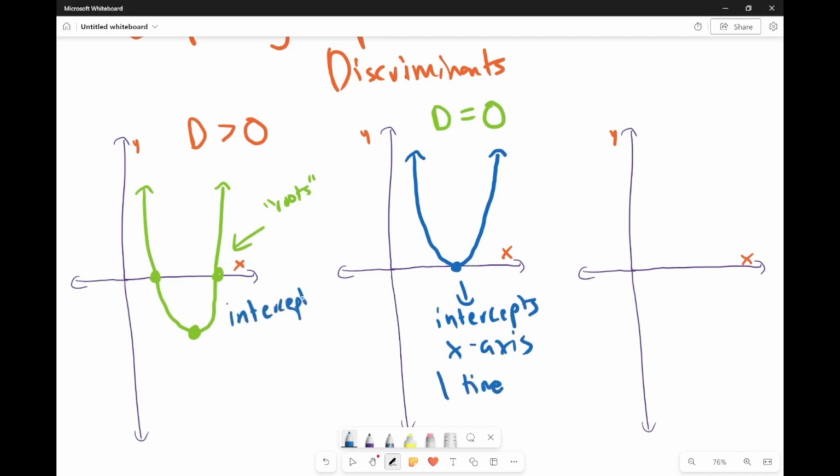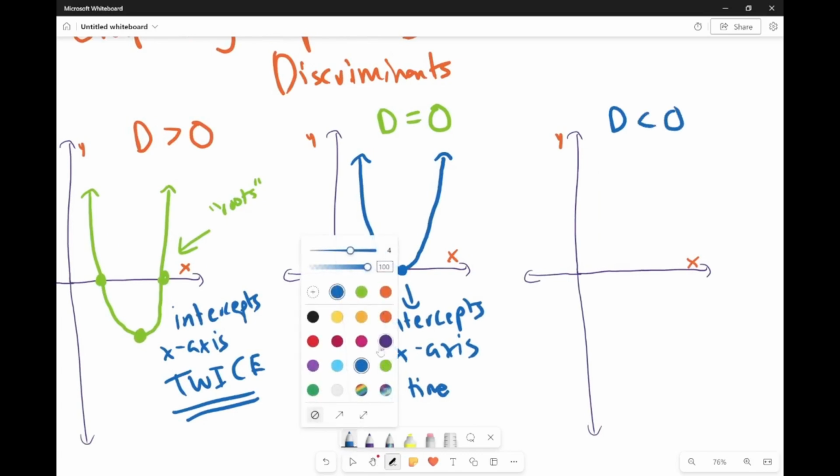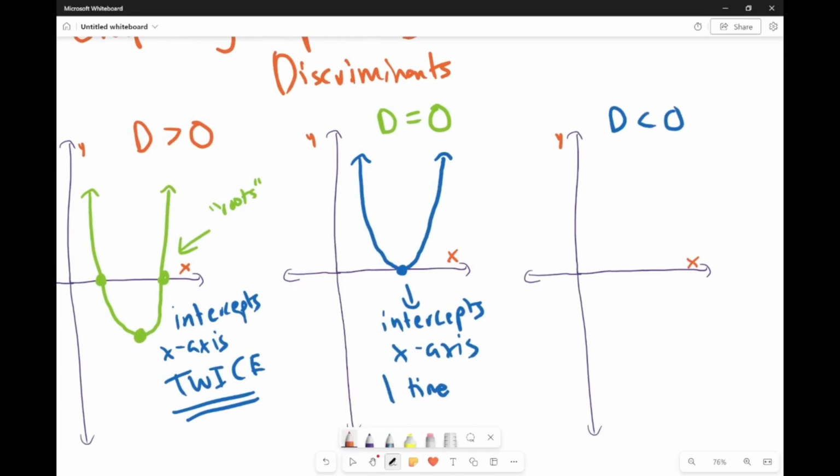Intercepts x-axis twice. Because that's true. Cool. And last but not least, when D is less than 0. Let's use orange. So it'll look something like this.